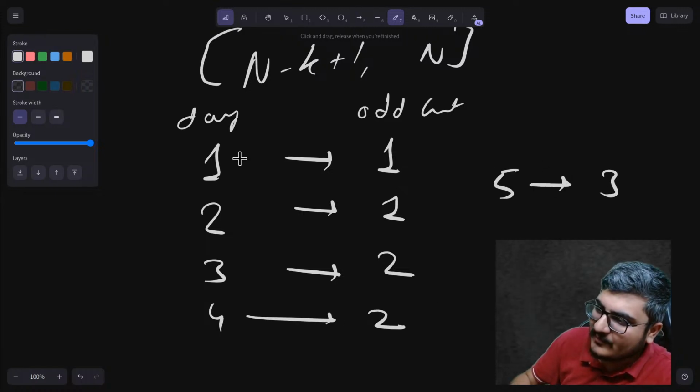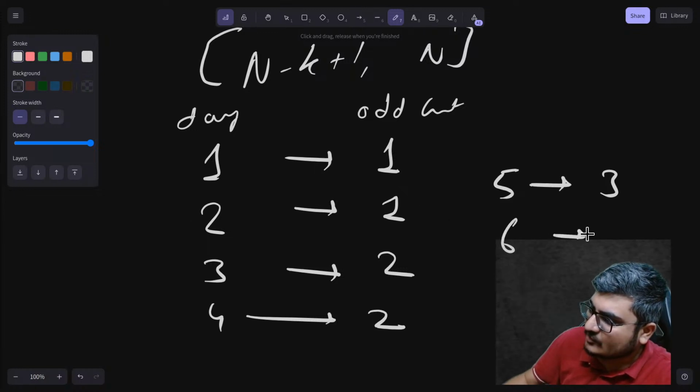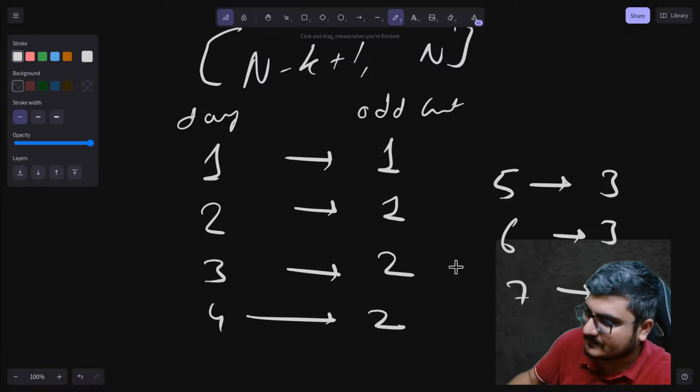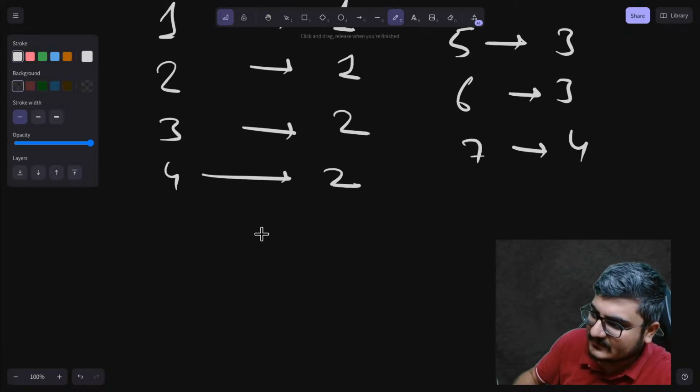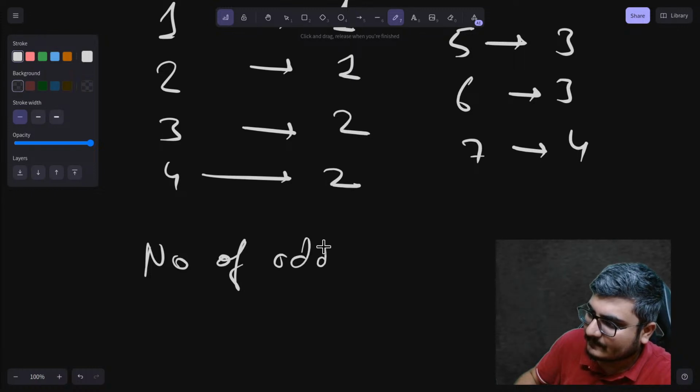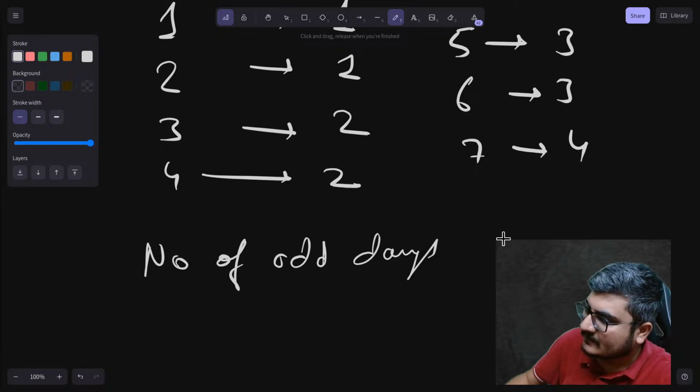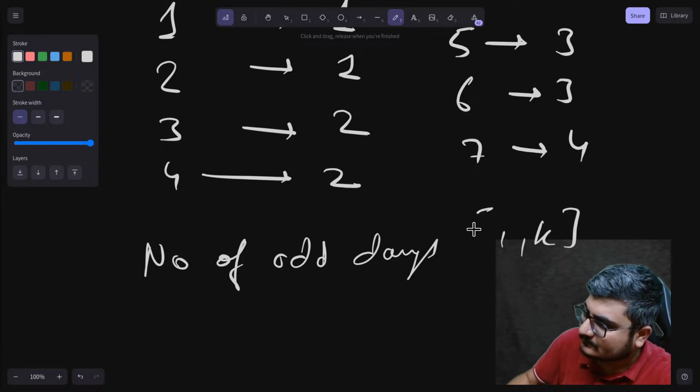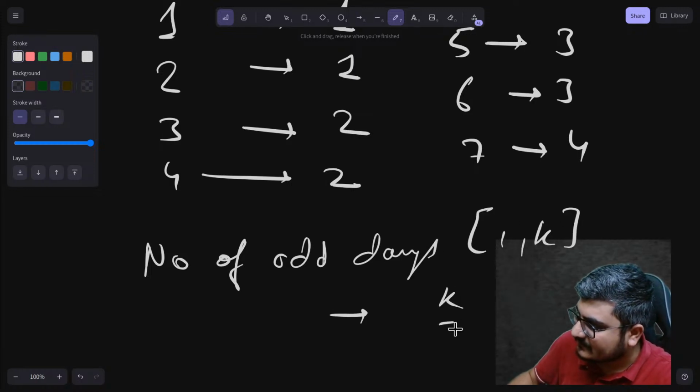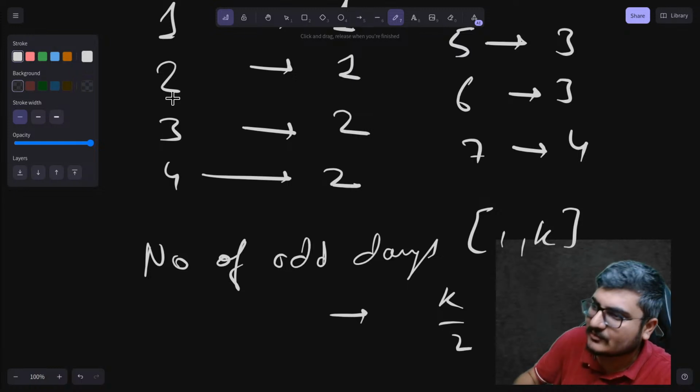Up to day 5, from 1 to 5, we will have 3 odd days: 1, 3 and 5. For 6 also we will have 3 odd days. For 7 we will have 4 odd days, and so on. So you can notice that the number of odd days between 1 and k is k divided by 2, taking the ceiling if required.